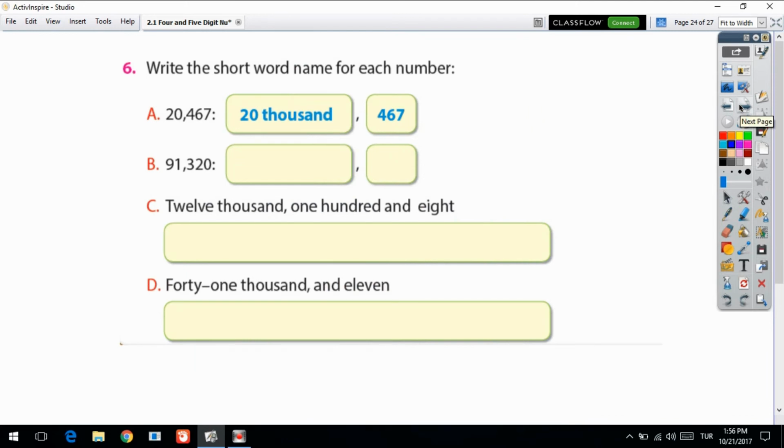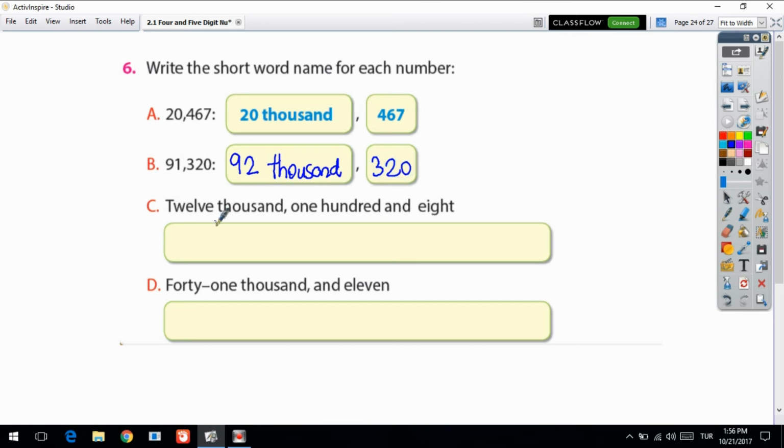Now let's continue to solve another question. This is the 6th question. Write the short word name for each number. Short word name is when you write your number in digits, and you need to write the name of the groups of thousands. When you come to the comma, you have to write the name of the group, thousand. First, 91 by the digits, 91,000, comma 320.